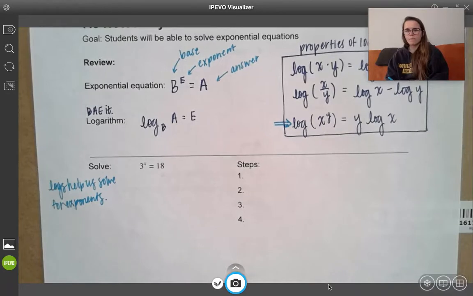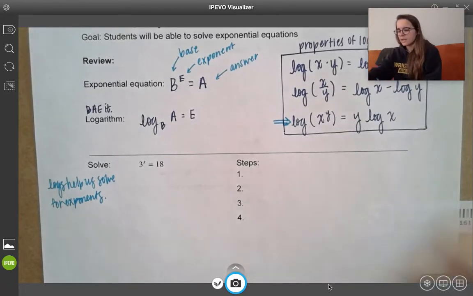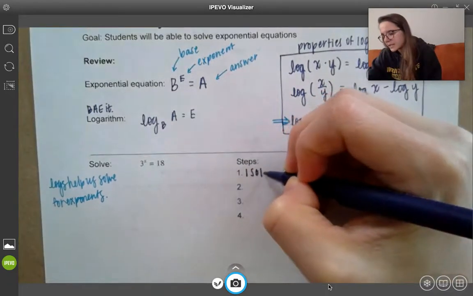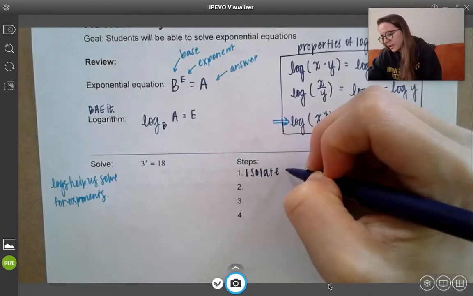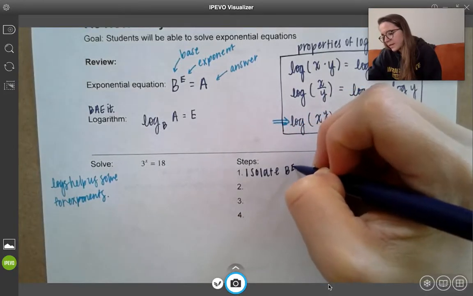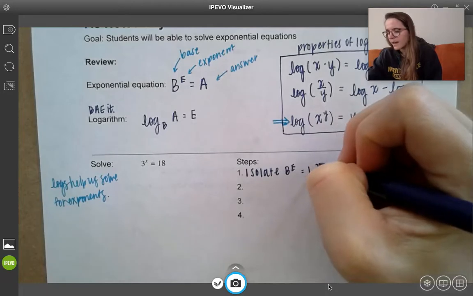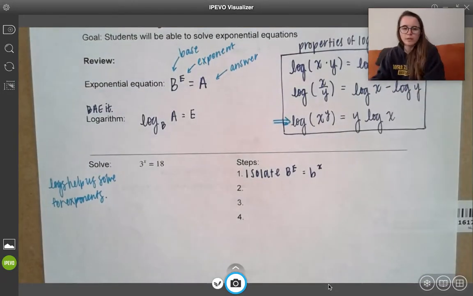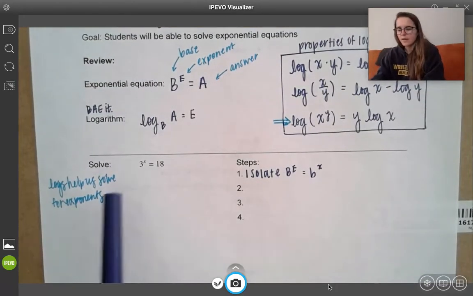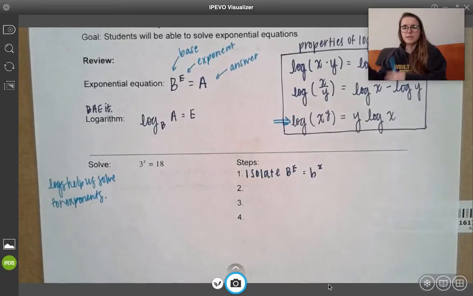Okay, so step one is you're going to isolate your b to the e, or b to the x sometimes, is what we'll really refer to it as. So we have 3 to the x, it's by itself, 3 is the base, x is that exponent, it's by itself, so we're done.